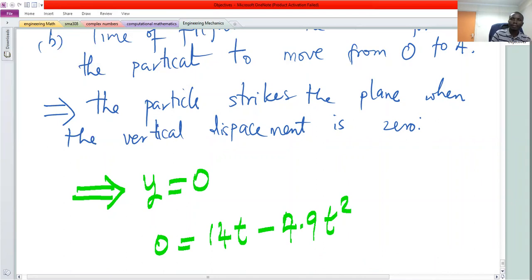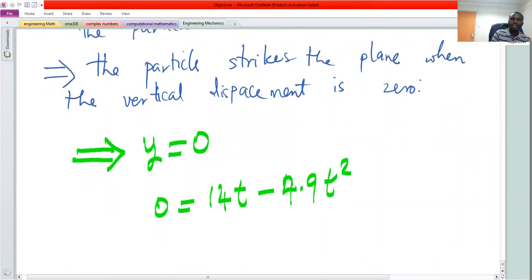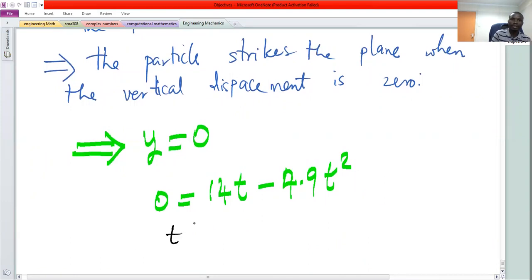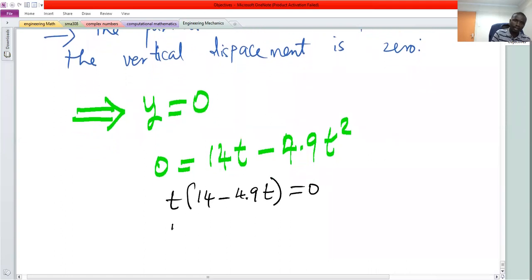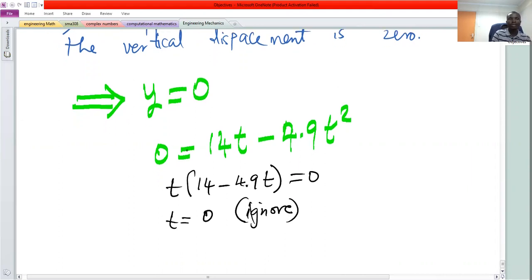Now this is a quadratic, so we can factor out t. Then you have t times (14 minus 4.9t) equals 0. So this gives us t equals 0. Ignore this. We are interested in the value of t where 14 minus 4.9t equals 0.